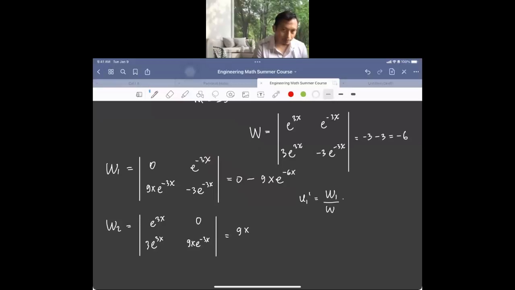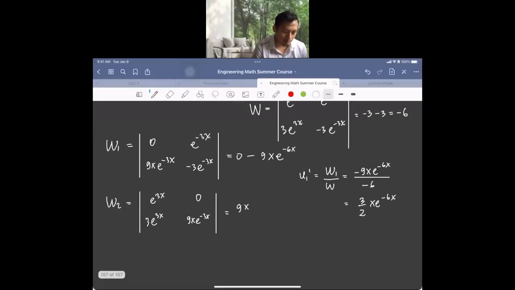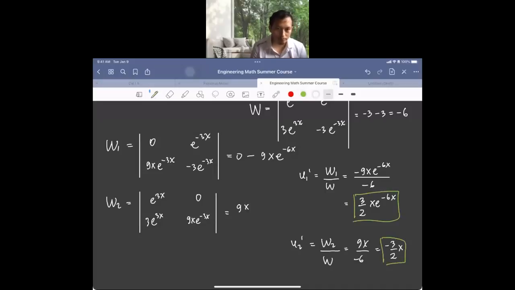Now, from here, we take the u1 prime as W1 divided by W. So negative 9x e negative 6x divided by negative 6. It will be 3 over 2 x e negative 6x. Okay. And u2 prime is W2 over W, 9x divided by negative 6, negative 3 over 2 x.